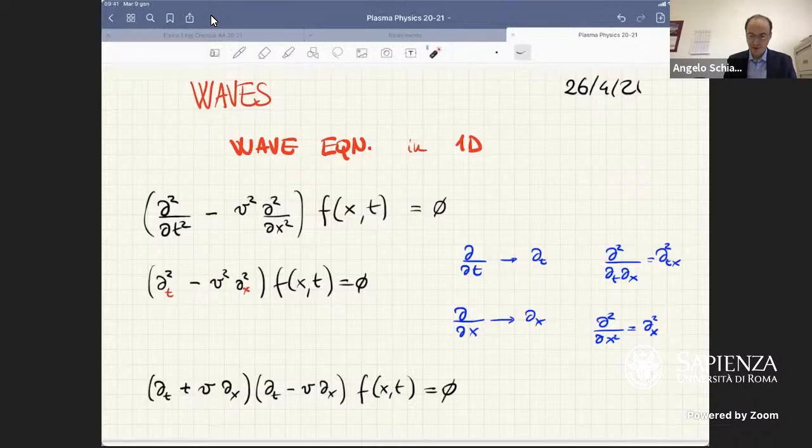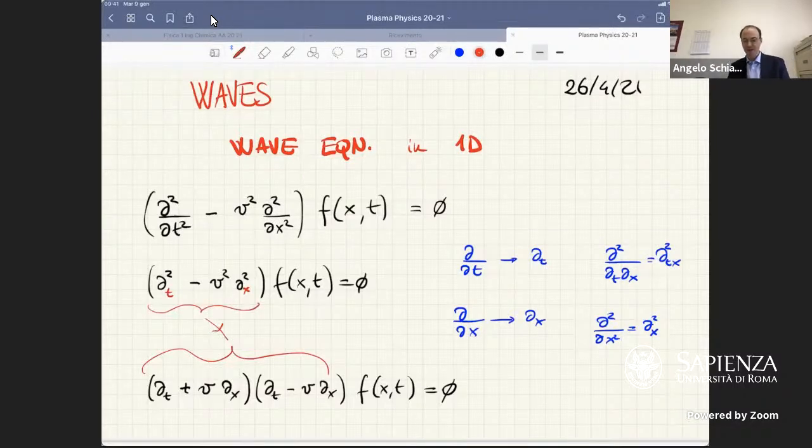Okay, so our differential operator can be written in this way because the derivatives with respect to time and space commute.